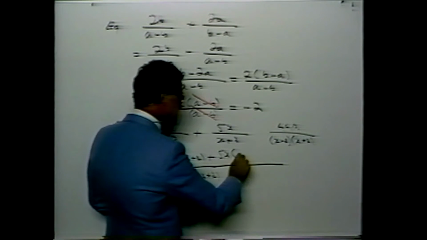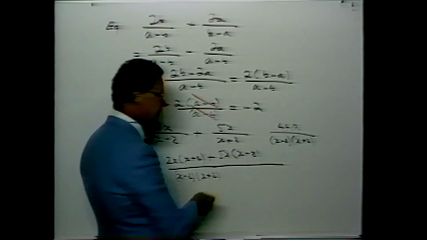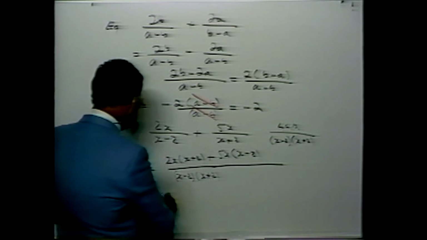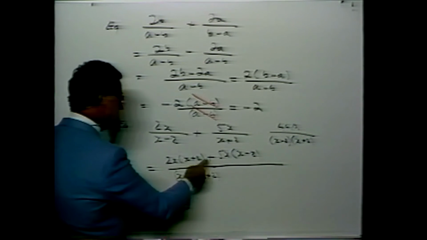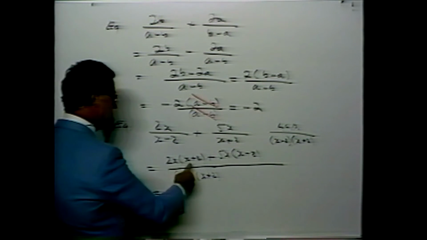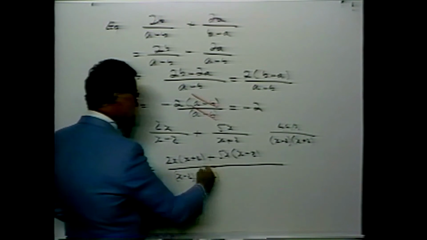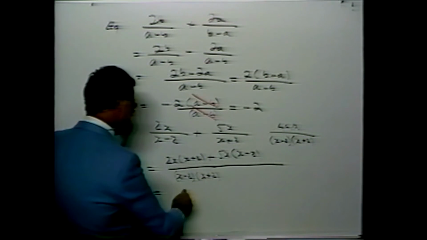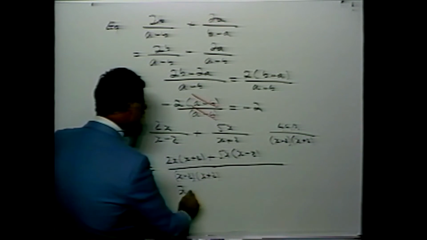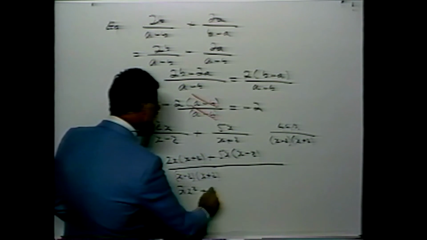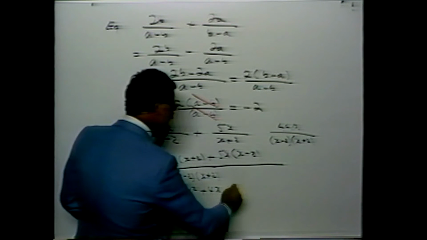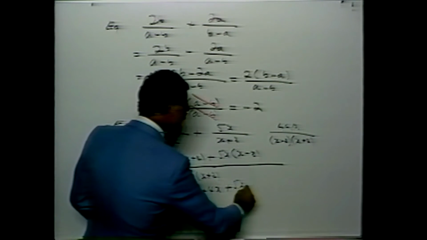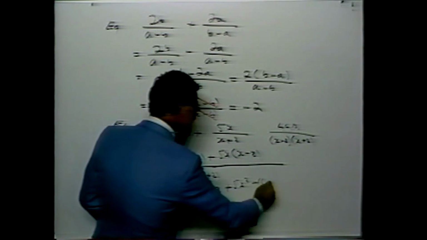You see, 5x times x minus 2. It's best to do it this way, and then write out the product by expanding the expression, so that 2x times x plus 2 amounts to 2x squared plus 4x over here plus 5x squared minus 10x.